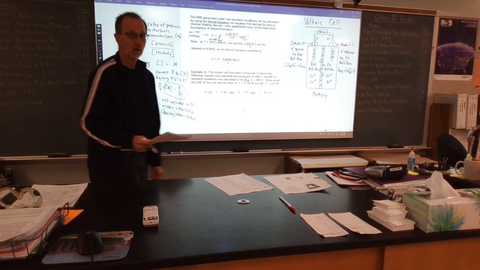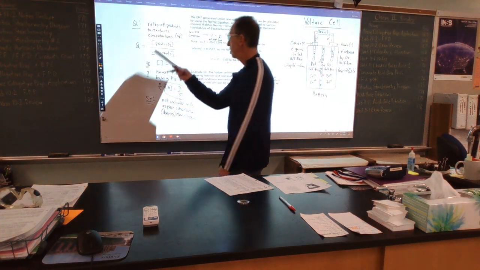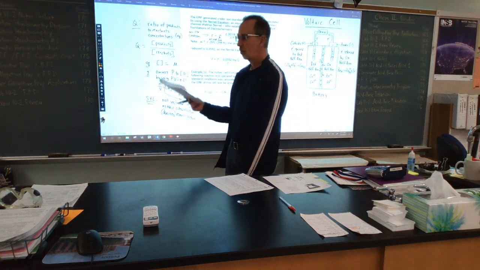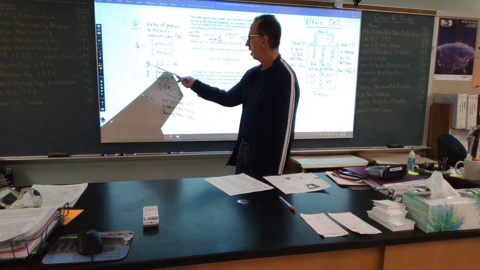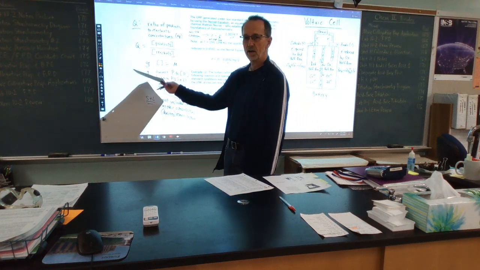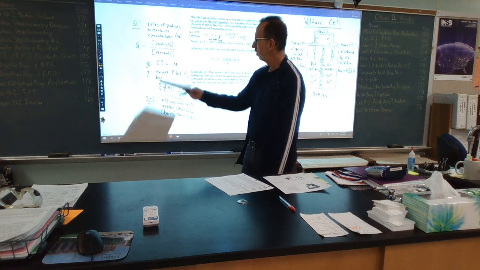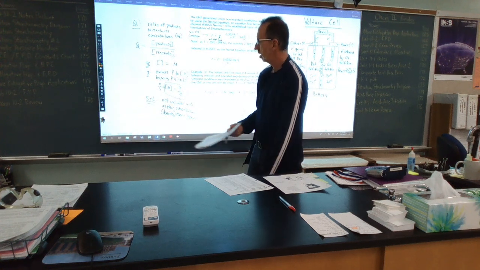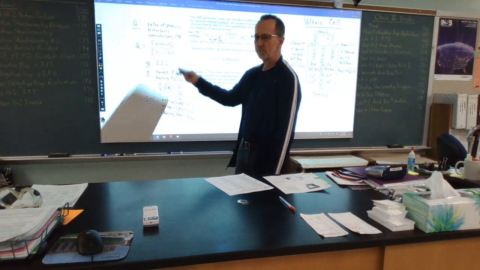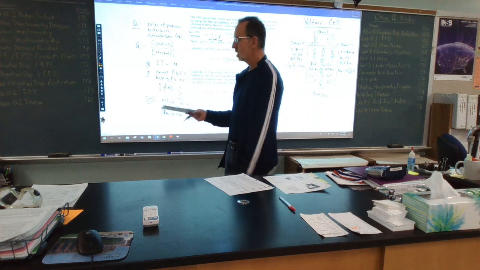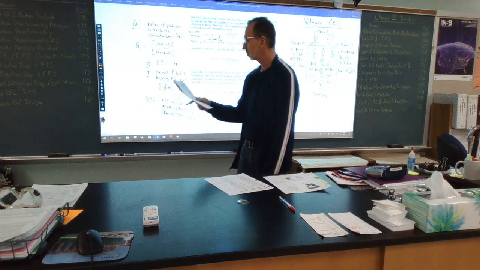So Q, which is the ratio of products to reactants, only uses reactants or products that are either in solution, where we use their molarities, or a gas, where we can convert their pressure to a molarity using the ideal gas law. Those are the only two types of products or reactants that go into this ratio we call Q. It's actually called the reaction quotient.